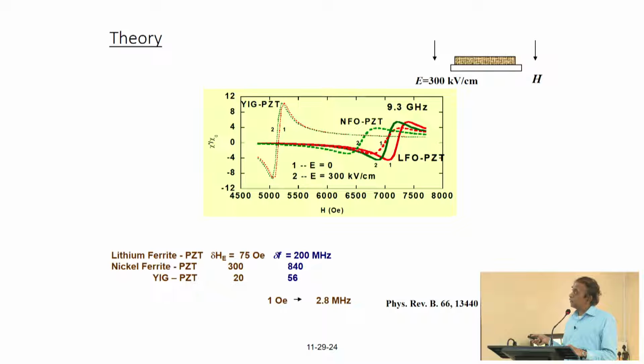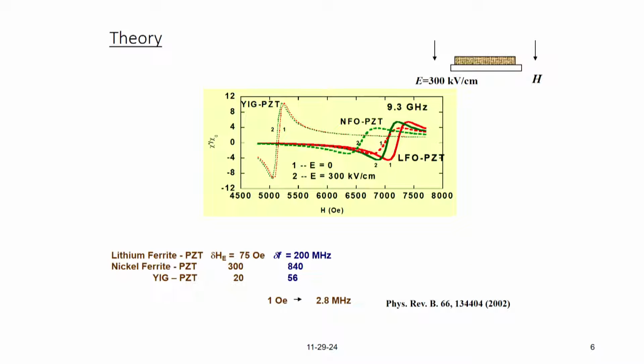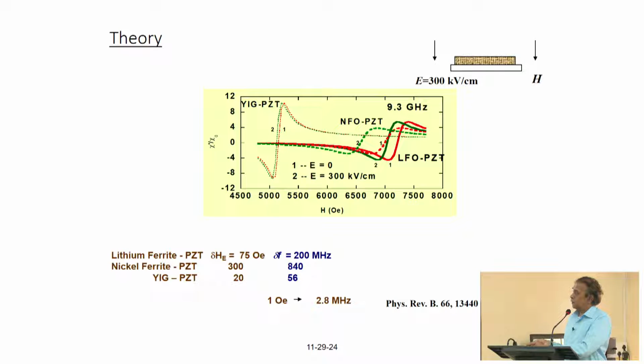And in each case, YIG PCT, nickel ferrite PCT, and lithium ferrite PCT, there is a downward shift in the resonance profile. Then, if you estimate from these theoretical simulation profiles, you get these numbers here at the bottom for the shift in the resonance field. The smallest is for YIG PCT, that is 20 Oersted.